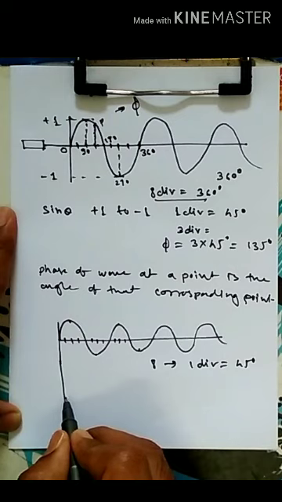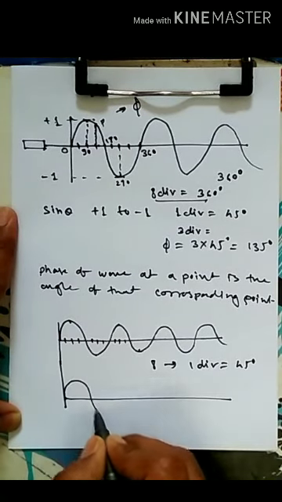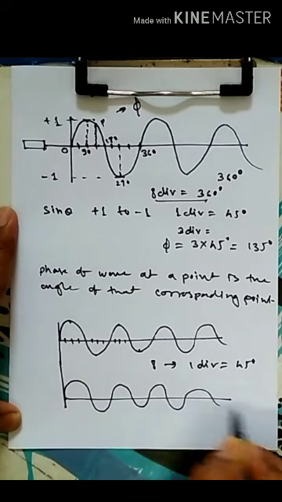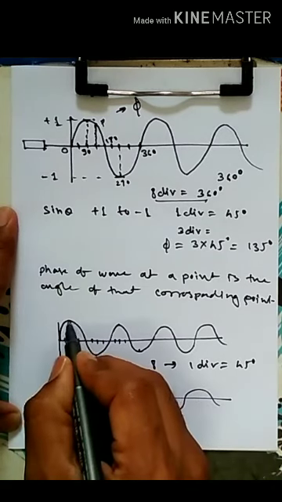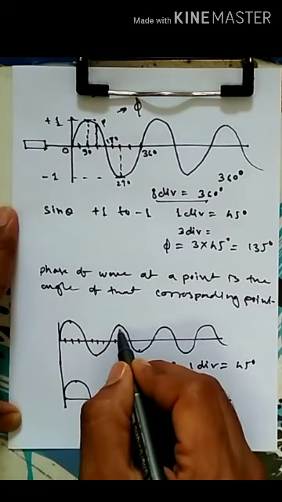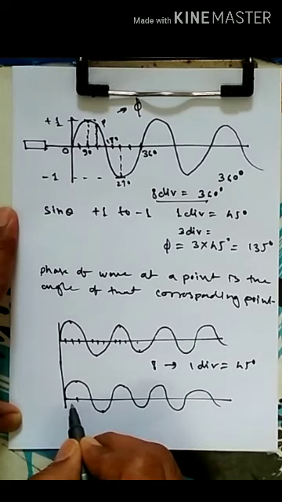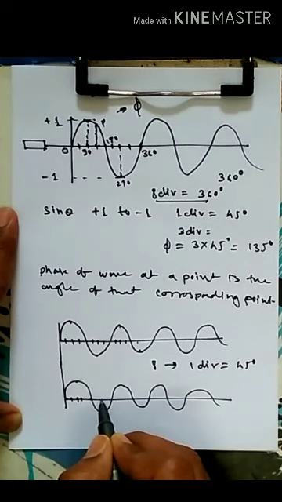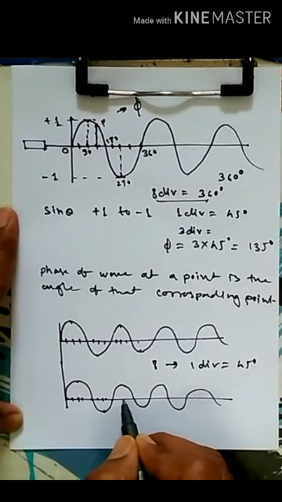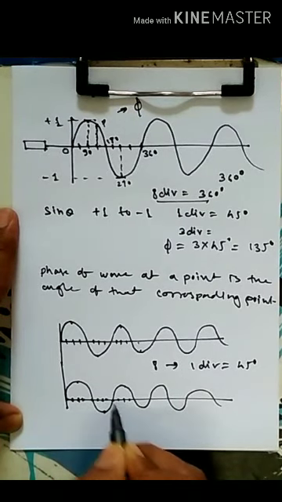And suppose I have another wave like this. So this crest and crest I have to match, this trough and trough I have to match. This is also divided at 8 points, 1 2 3 4 5 6 7 8.